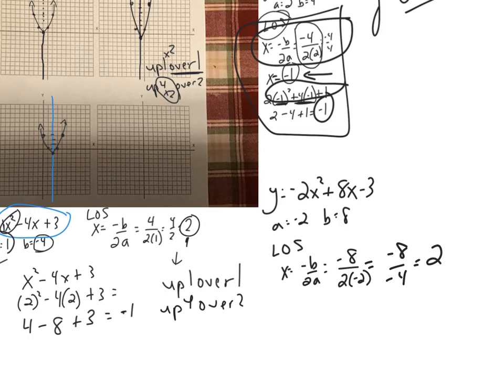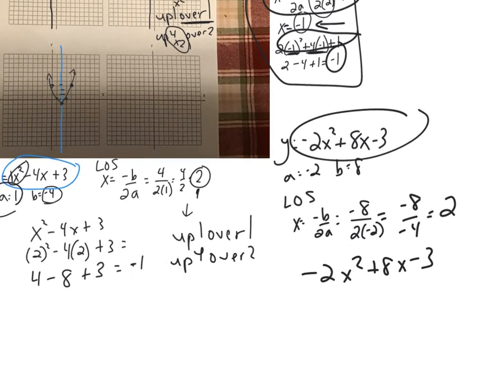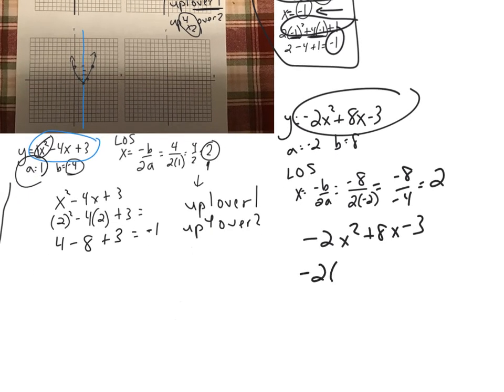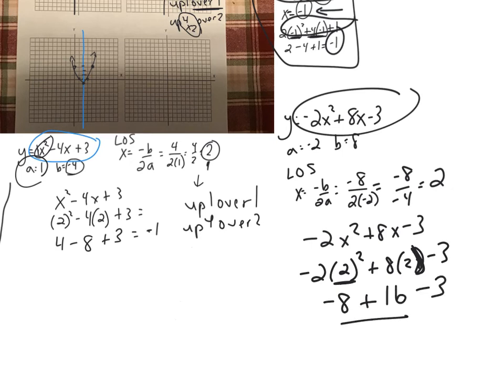Okay, so now we plug that into this. So I got negative 2x squared plus 8x minus 3. And if I put that 2 in there, that's 2 squared, that's 8 times 2, and then minus 3. So this is going to be 4 times negative 2, which is negative 8. That's going to be a positive 16 and a minus 3. So this is going to be 8, and that's going to be minus 3.